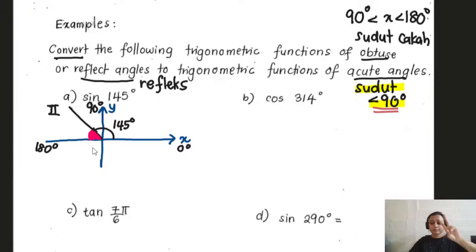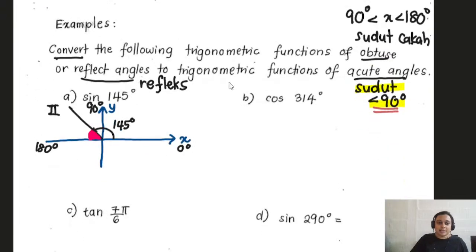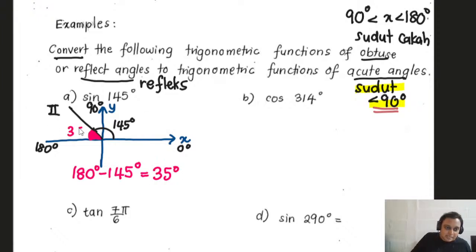So quadrant 2, you must take 180 minus the reference angle. 180 tolak 145, we get 35. So that means here is 35.